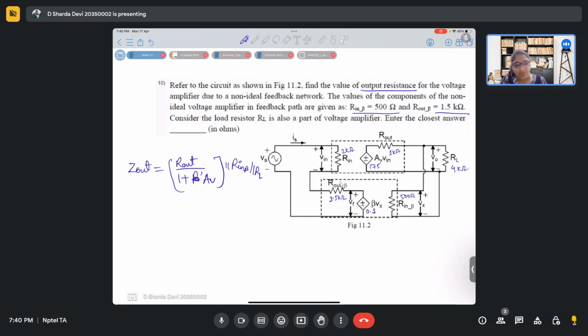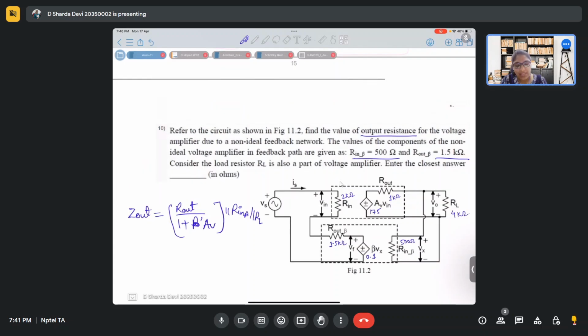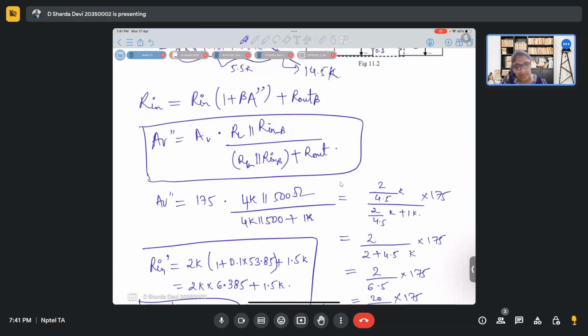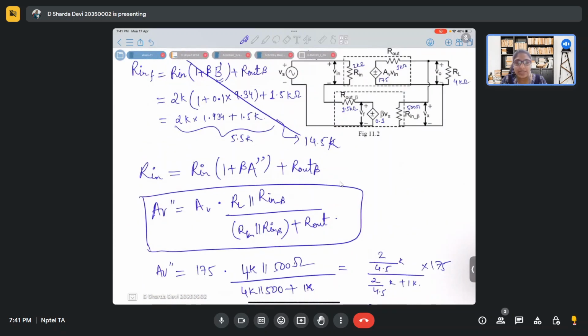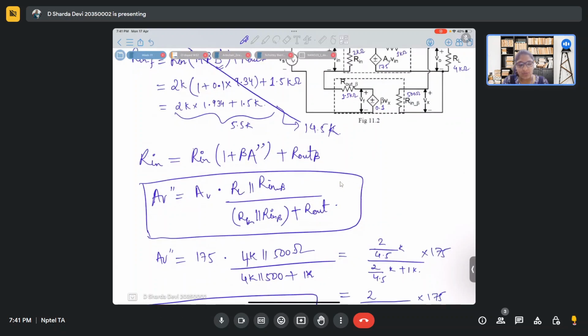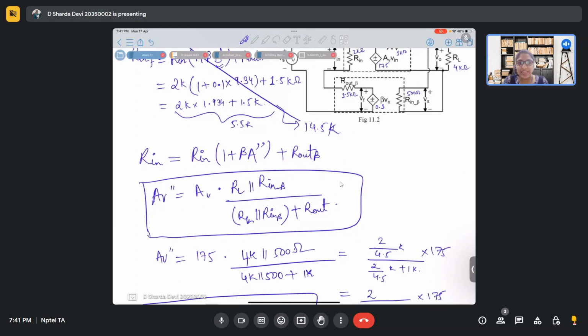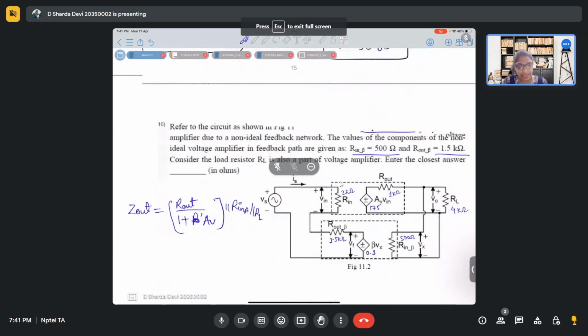Otherwise the factor remains the same. Here also for Z_in, we know that Z_in will improve. In case of voltage feedback, the input impedance will improve, and we can clearly observe from here that input impedance has improved, right? So the only thing that is changing is beta or gain, which will change because of these non-idealities.